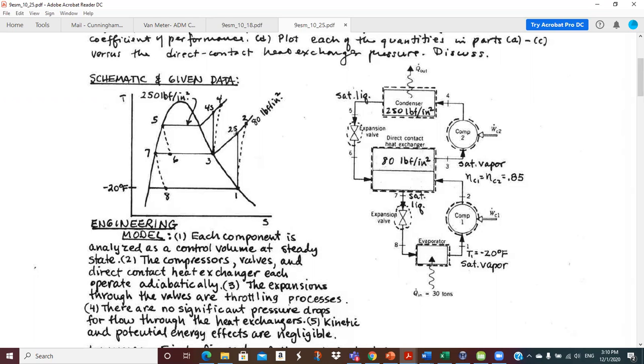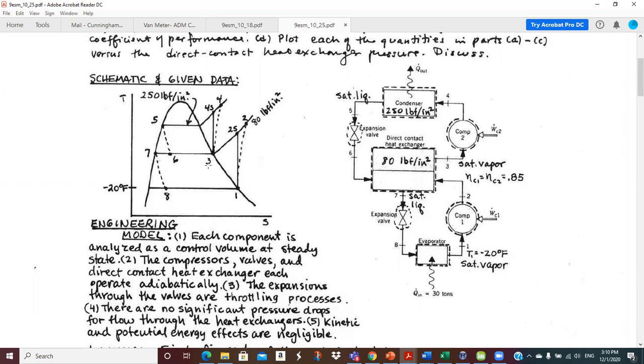We show the isentropic point as 2S, and then we show the actual point at 2. And so it's going to pump it up to 80 psi at 2. And then we're going to come in here with our, this will be superheated vapor for sure.